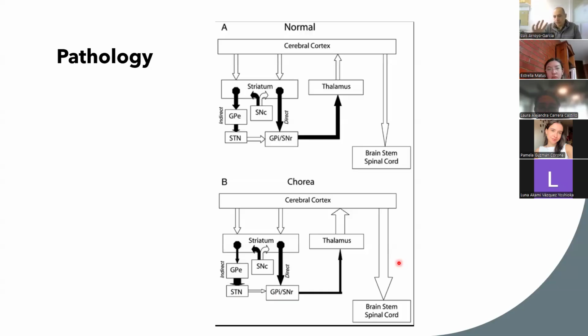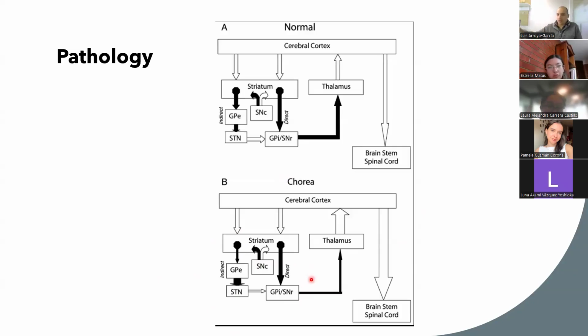Okay, so let's do this. What I want you to get from Korea is that because of the death of the ganglion cells here, we have all of these mechanisms out there, right?